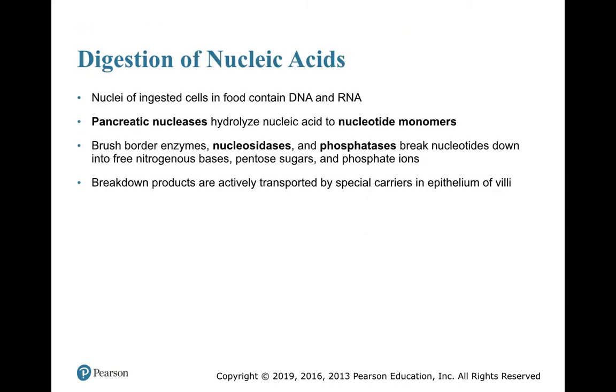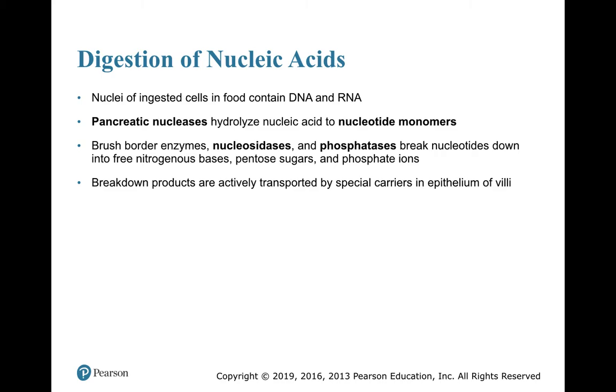Nucleic acids. The nuclei of ingested cells in food contain DNA and RNA. There are pancreatic nucleases that hydrolyze nucleic acid to nucleotide monomers, and there are brush border enzymes called nucleosidases and phosphatases that break the nucleotides down into free nitrogen bases, pentose sugars, and phosphate ions.